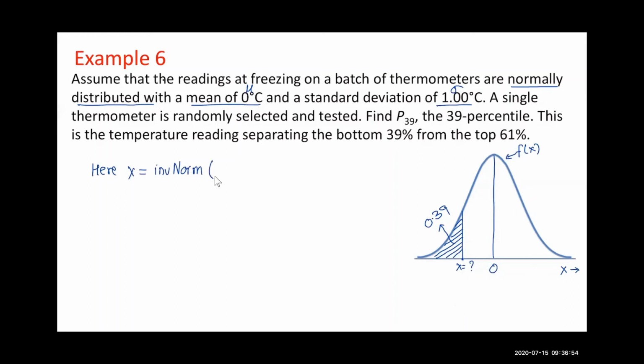This must be the area to the left of this x value. If this is the x value that I'm looking for, to the left of it the area is 0.39. Then comma, then you put the mean, which is 0, then the standard deviation, which is 1.